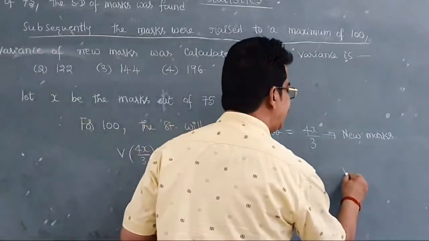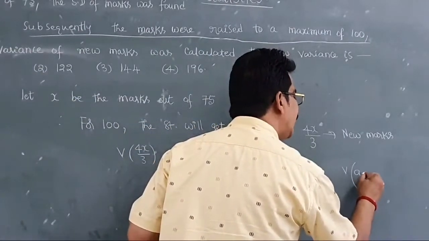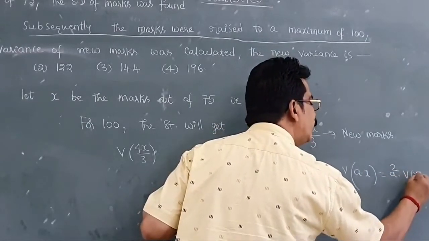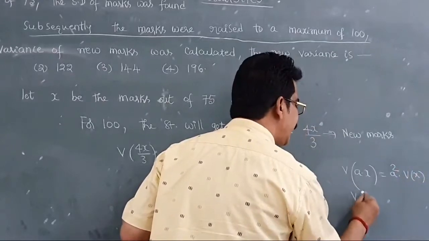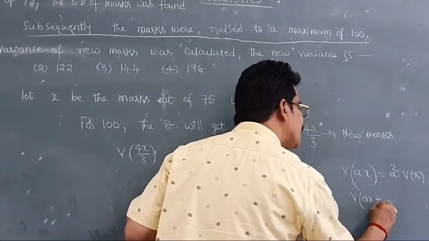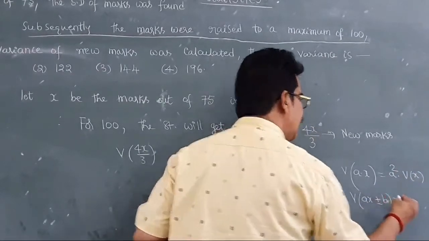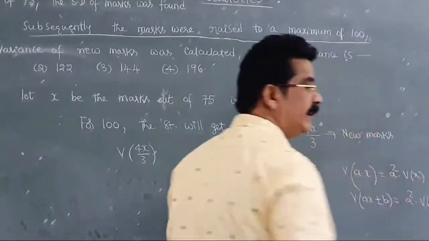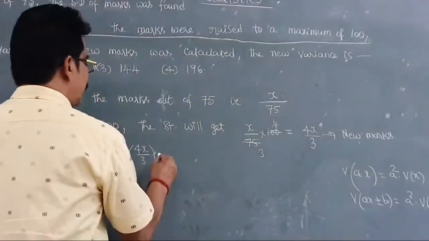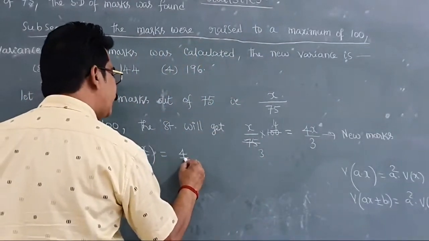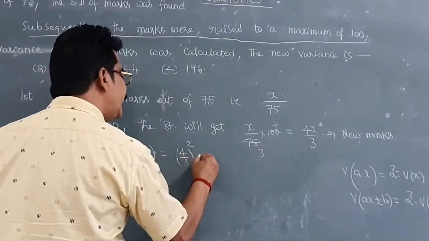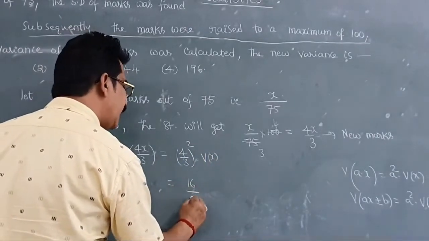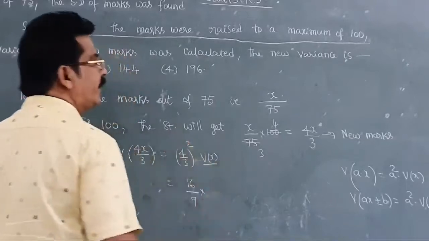Actually I said already, variance of a into x equals simply a square into variance of x, and variance of ax plus or minus b equals a square into variance of x. So that is equal to 4 by 3 whole square into variance of x, that is 16 by 9 into variance of x.